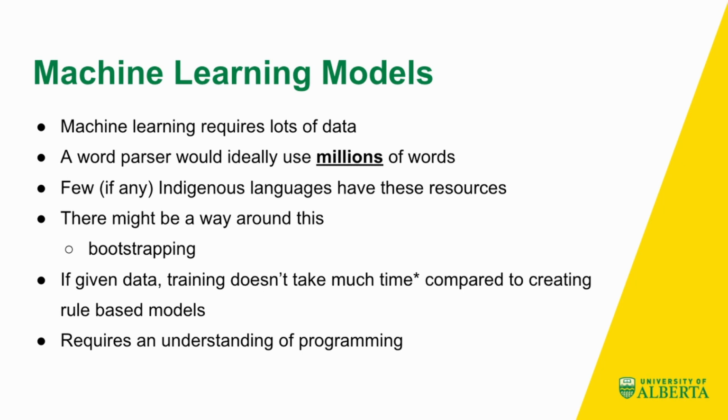There might be a way around this, which is something called bootstrapping, where you take a smaller amount and basically repeat it over and over again, and hope that your system doesn't focus just on that and become really, really good at only guessing your small set. Because ideally you want to be able to present this new information that it's never seen before, and it gives you a correct guess.